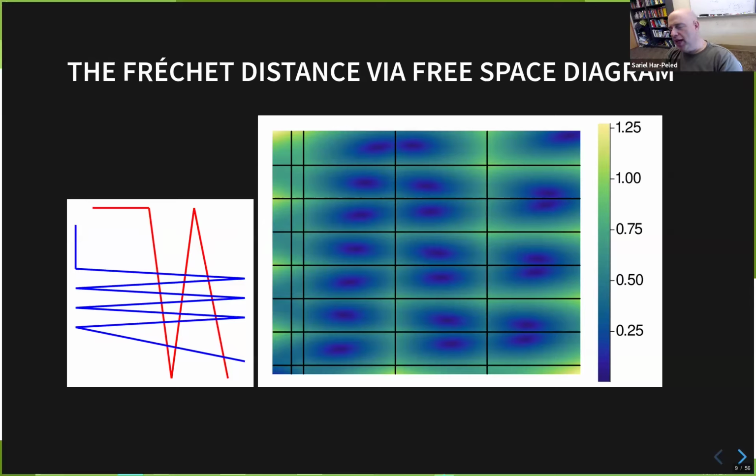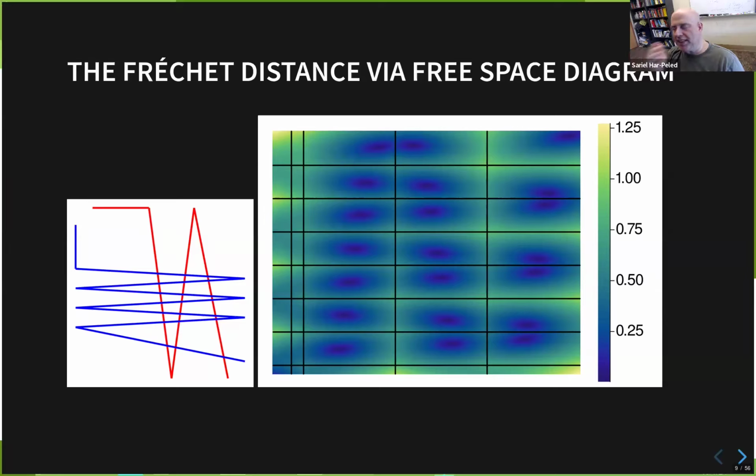And what you see on the right is how this height function looks like. By this I mean that for every point in the rectangle, we have the associated location of the two points, and the height is just the Euclidean distance between those two corresponding points on the curves, right? So you get this two-dimensional function.